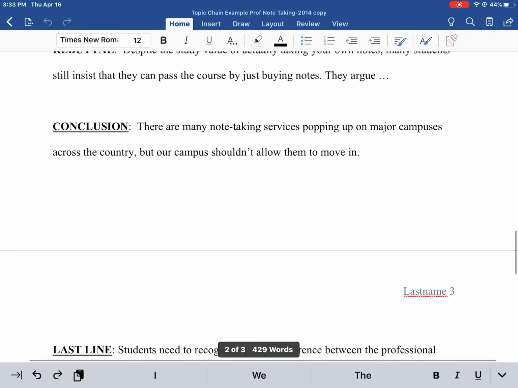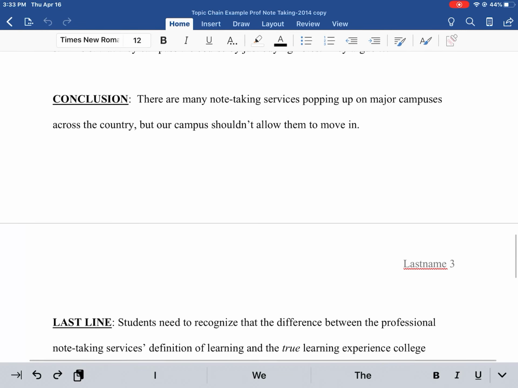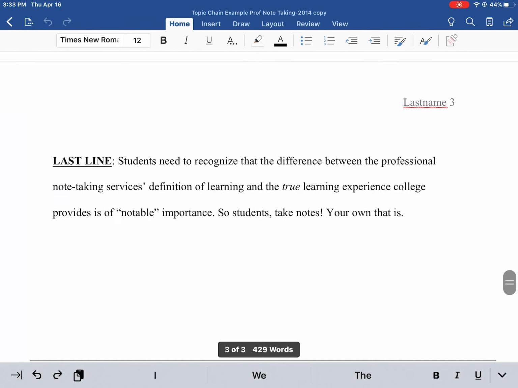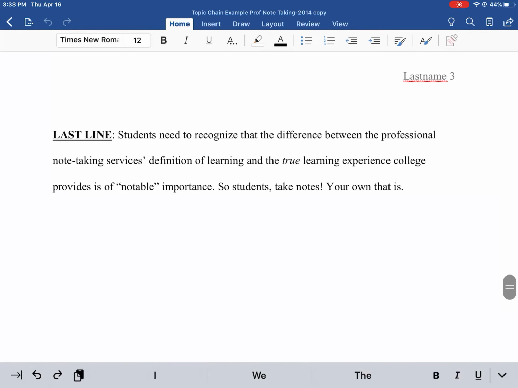And then in my conclusion, our campus shouldn't allow them to move in. My last line of my paper needs to have strong words and relate to the thesis. Students need to recognize that the difference between the professional note-taking services' definition of learning and the true learning experience college provides is of notable importance.